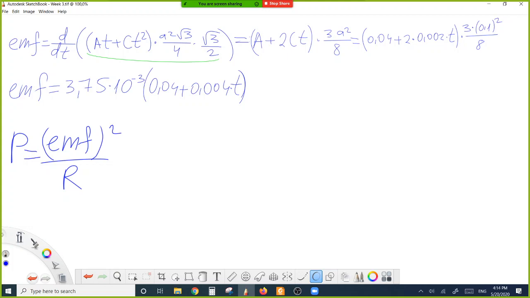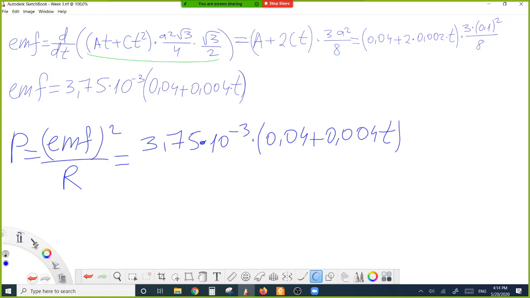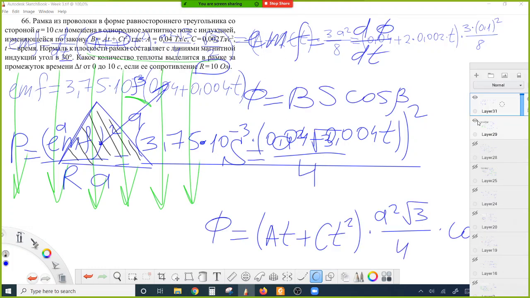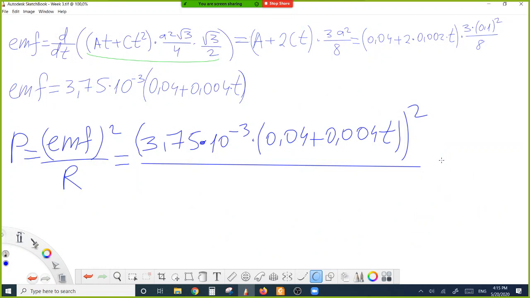And is equal to 3.75 multiplied 10 to minus 3 multiplied by 0.04 plus 0.004 t, everything is in the power 2, divided by R. R is equal to 10.